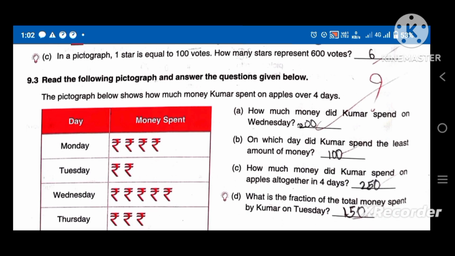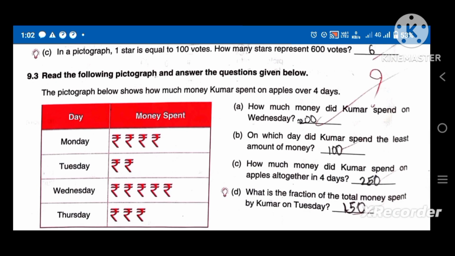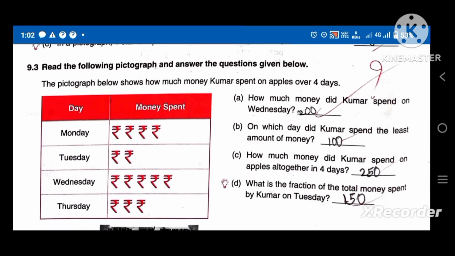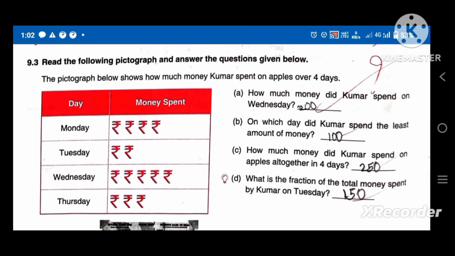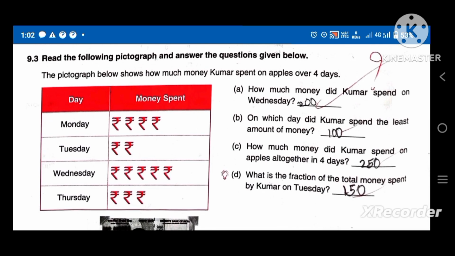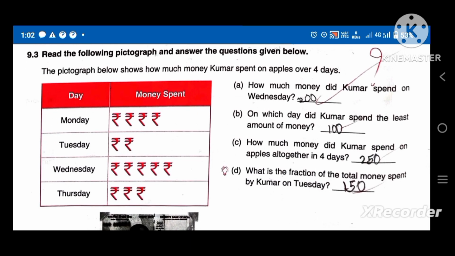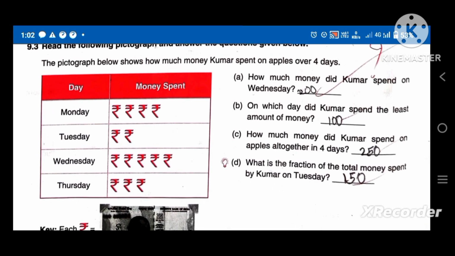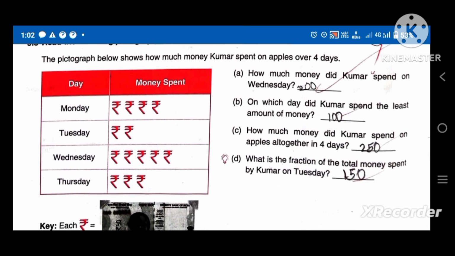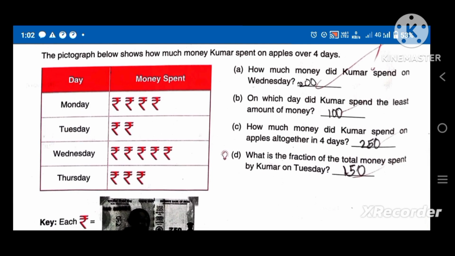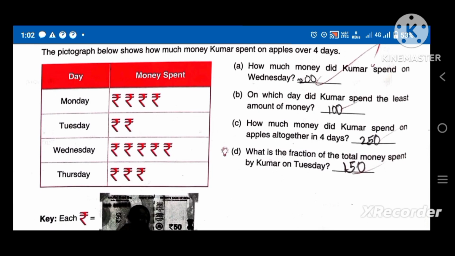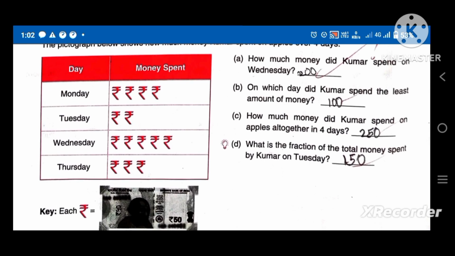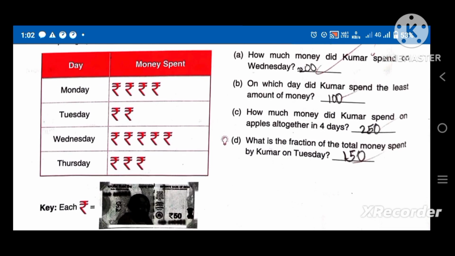9.3. Read the following pictograph and answer the questions given below. The pictograph below shows how much money Kumar spent on apples over 4 days. Day, money spent: Monday 4 rupees. Tuesday, Wednesday, Thursday. Key: each rupee is equal to 50 rupees.